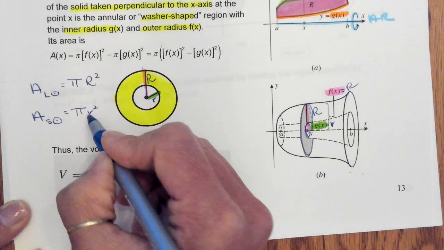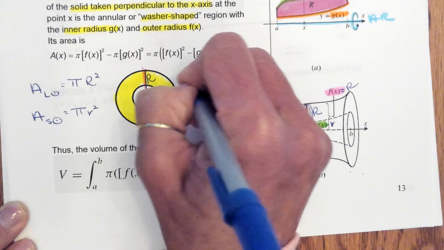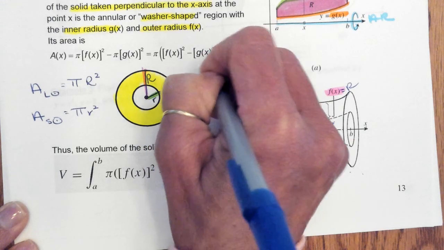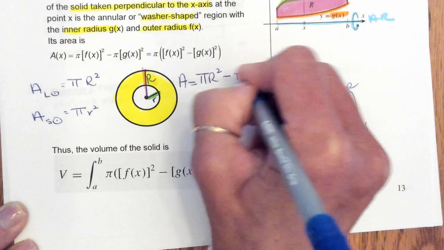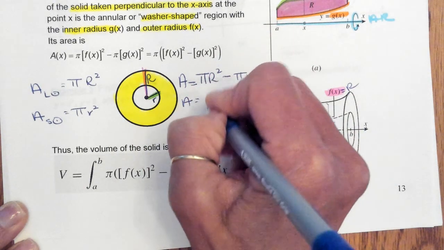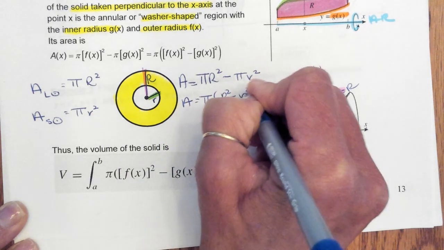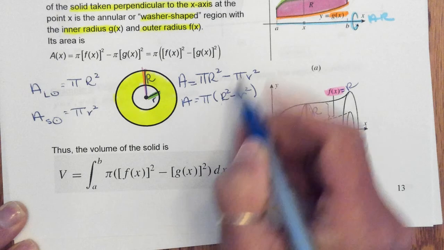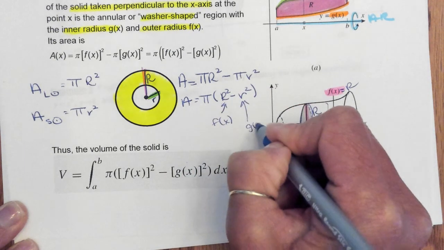And if I take this one minus this one, it's going to give us the area. So if I say the area is equal to the big circle minus the little circle, we can actually factor out the pi. So the area is going to be equal to pi times big R squared minus little r squared. And remember, this was f of x, and this was g of x.